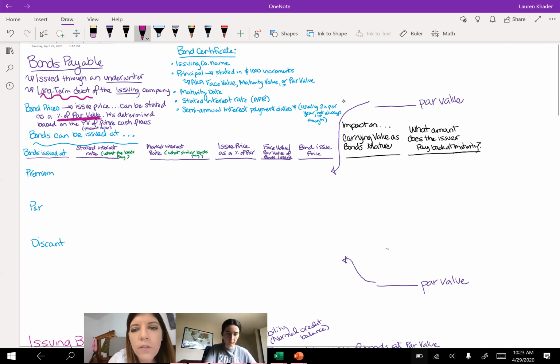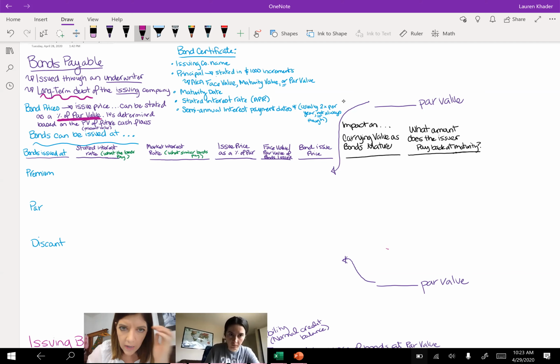On the bond certificate, you're going to see the issuing company's name. So the company issuing the debt, their name is going to be on the bond certificate. Principal, which is also referred to as face value, maturity value, or par value. Bonds are going to be issued in $1,000 increments.